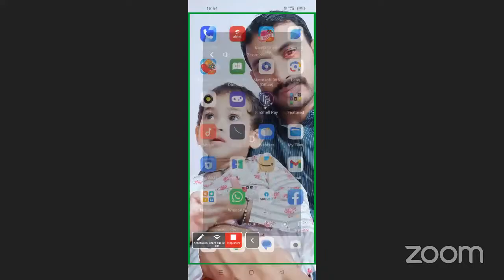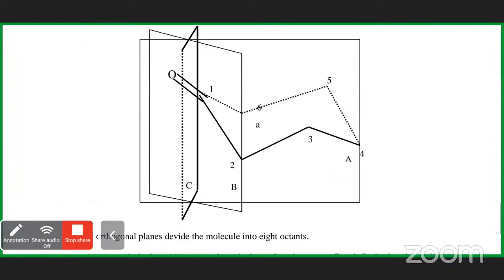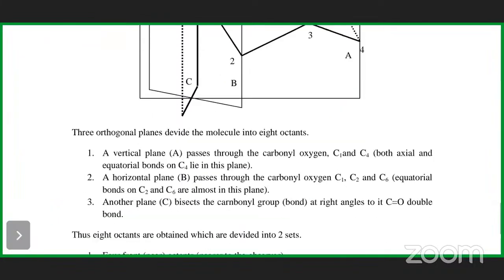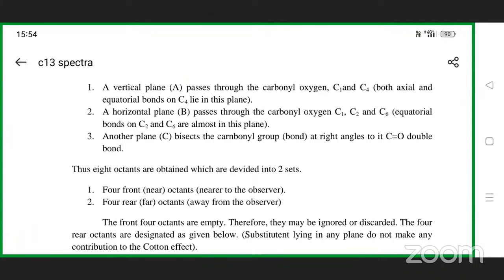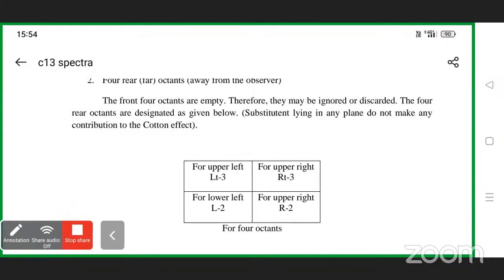So here are the 8 coordinates. Based on these 3 planes, we divided into 2 sectors, and with the help of these 2 sectors, it is further divided into 8 coordinates, and in the 8 coordinates, 4 are mirror images of the other.